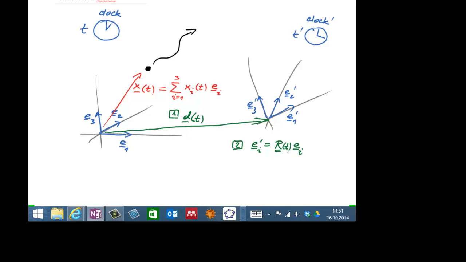Now the Earth is rotating, so in fact our reference frame that we use in this lecture room is rotating with respect to a reference frame in a spacecraft. And therefore, our basis vectors here are rotated against the basis vectors of the spacecraft, and this rotation is time dependent.